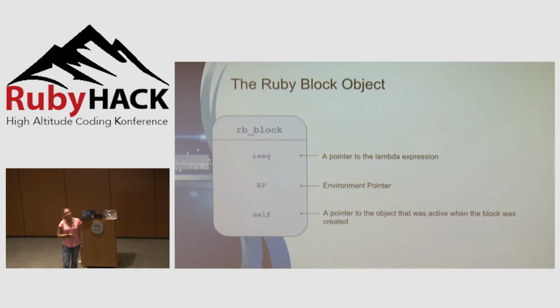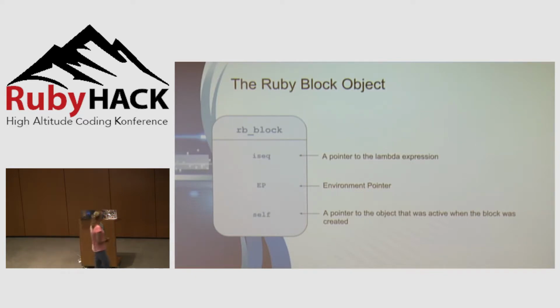So you can see it as pointing to the owner of whatever method was busy executing when the block was created. You can see it as getting the value of whatever self was when the block was created. But the point is that it's the self property that allows us to access methods and values of the object that was active when the block was created inside the block.